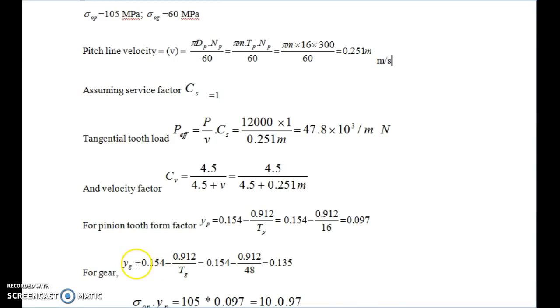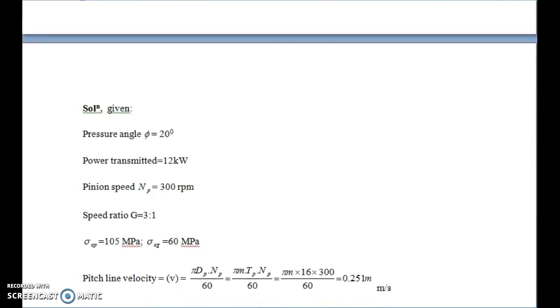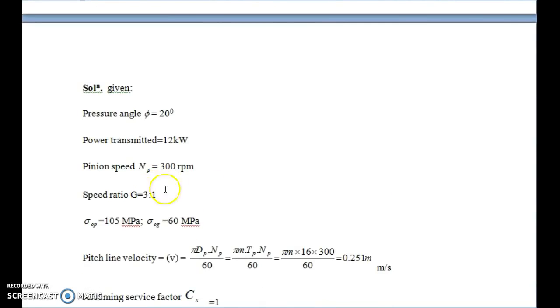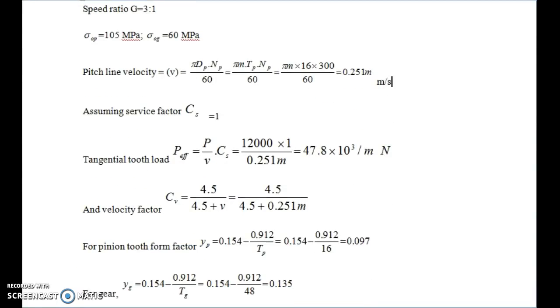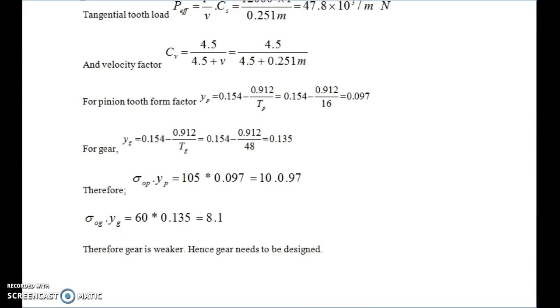For the gear, Tp is replaced by Tg, and Tg is equal to 48 because the speed ratio is given as 3:1, so Tg upon Tp, with Tp equal to 16, gives Tg equal to 16 into 3 equal to 48, so it becomes 0.135.